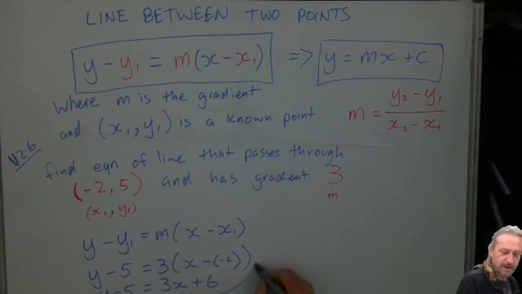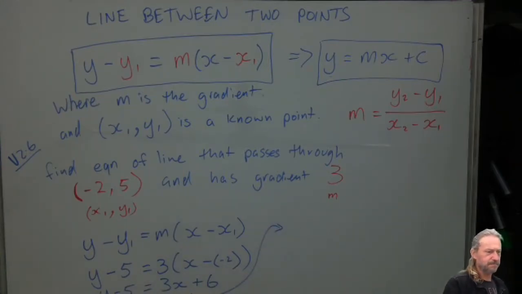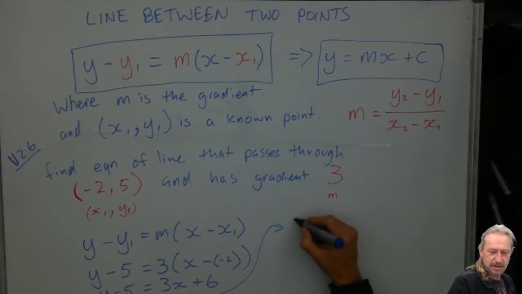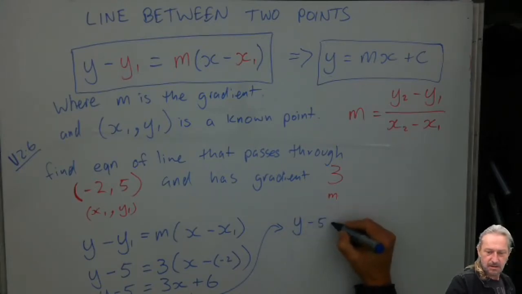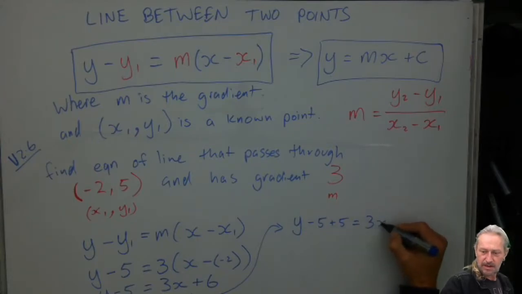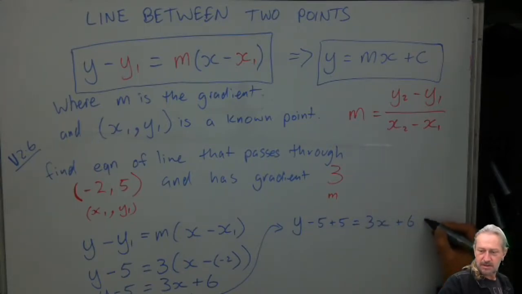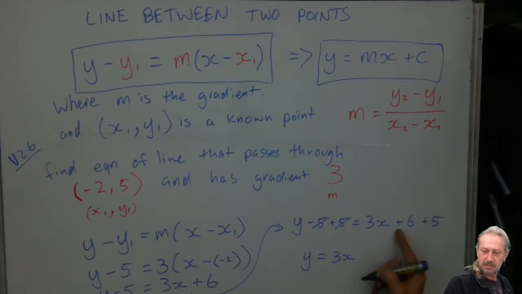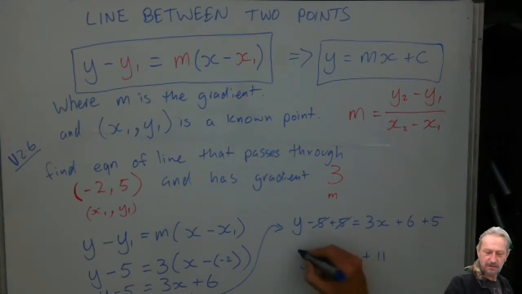Then all that's left to do is add 5 to both sides. So y equals 3x plus 6 plus 5, that cancels with that, and we get y equals 3x plus 11.